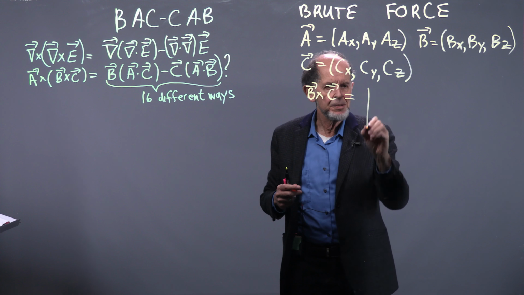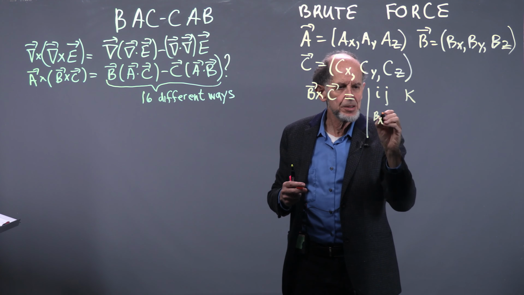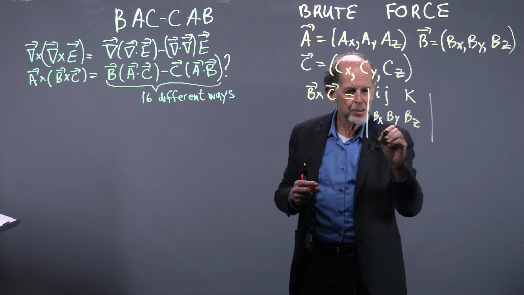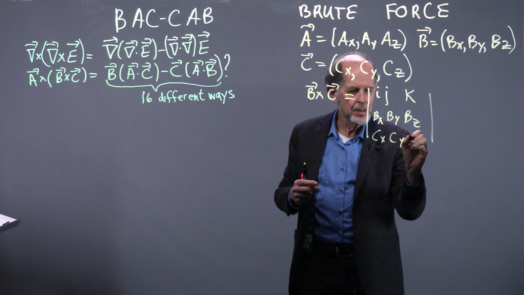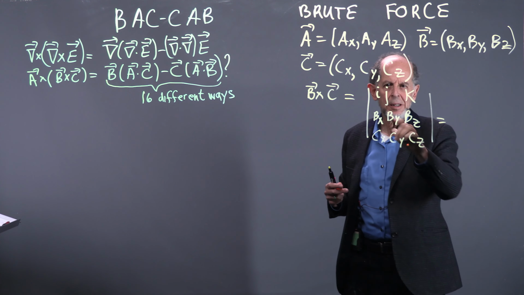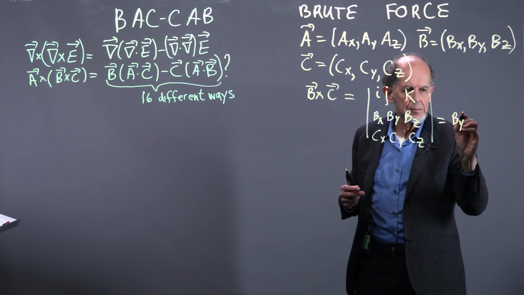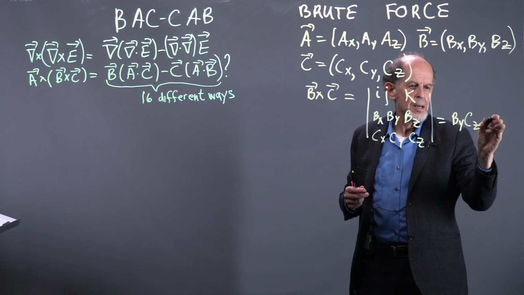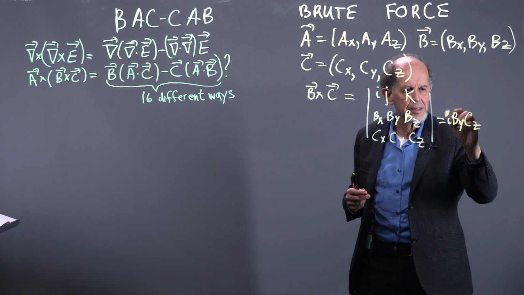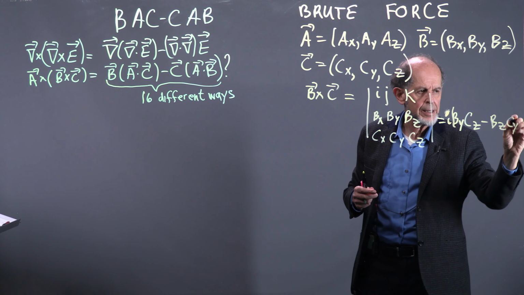Well, first of all, if you set up the determinant ijk, and we put in the b's here, like you learned in your math classes, you can see that typical terms are going to look like, for example, the I component, bycz, and there's an I hat here, where I is just the unit vector, minus bz cy.